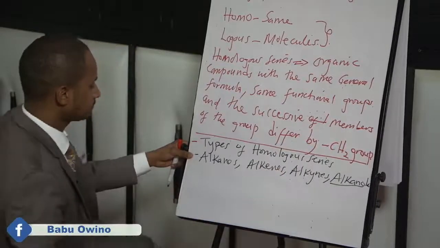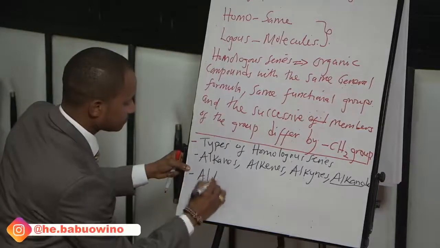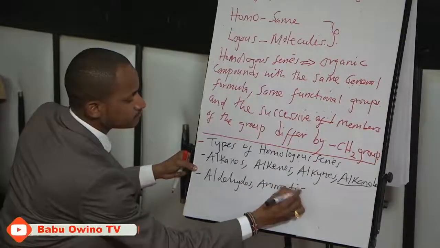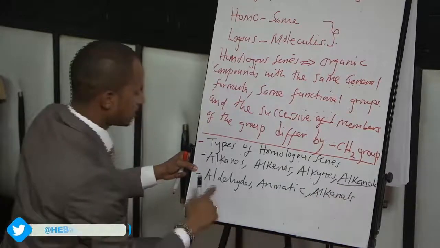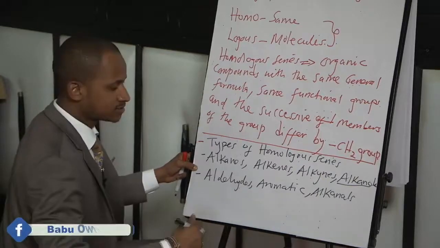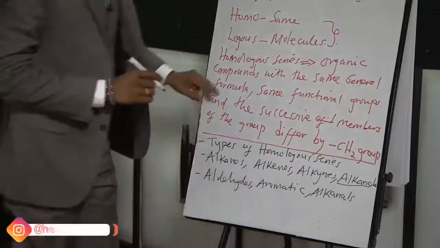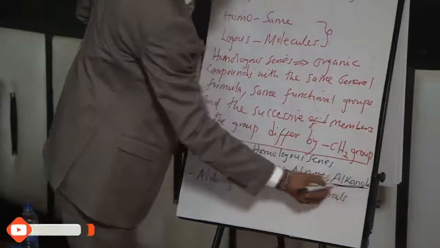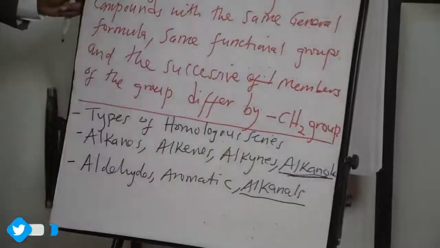Then we further have aldehydes, aromatic, alkanals. Aldehydes, aromatic, and alkanals are beyond your scope. You will study them later on at advanced level. So what we drink, what our parents drink normally comes from alkanols. If you take alkanals, you become blind or you die.